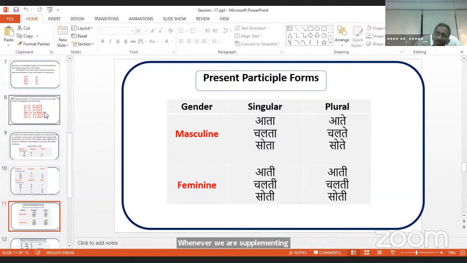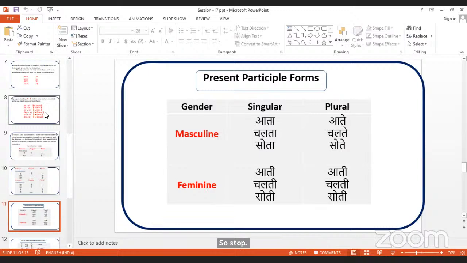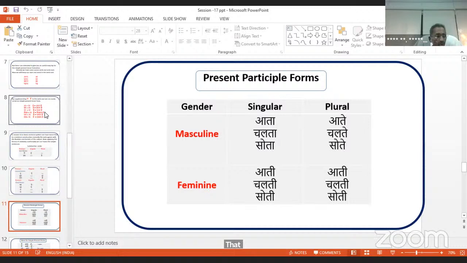So masculine, it will be ta: aata, chalta, sota.